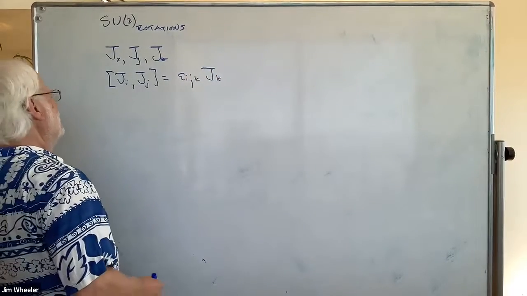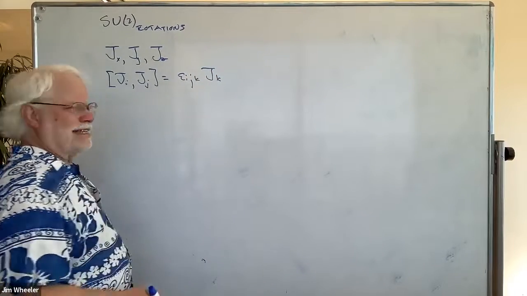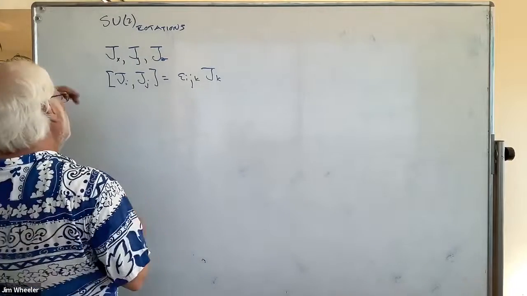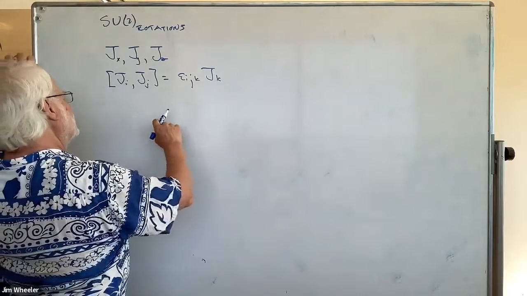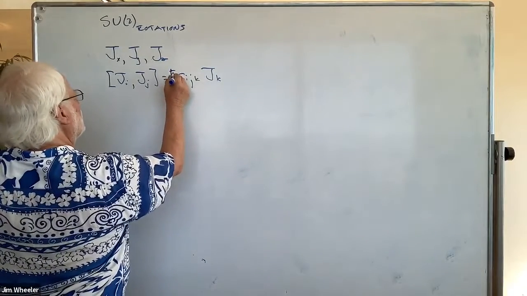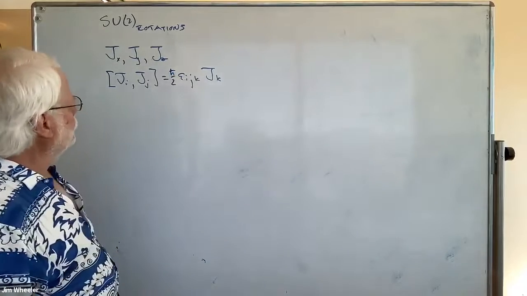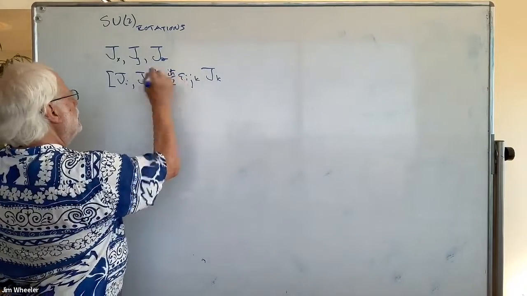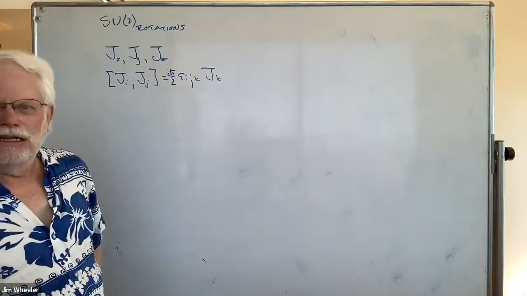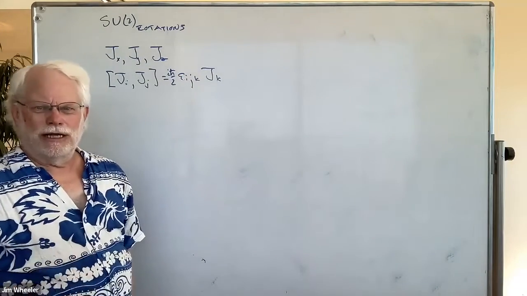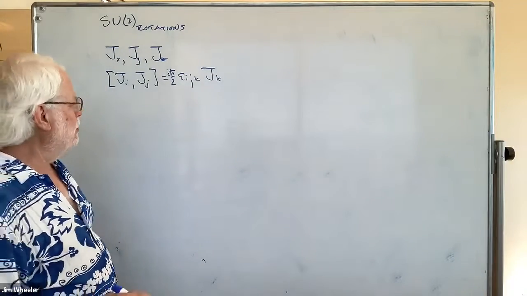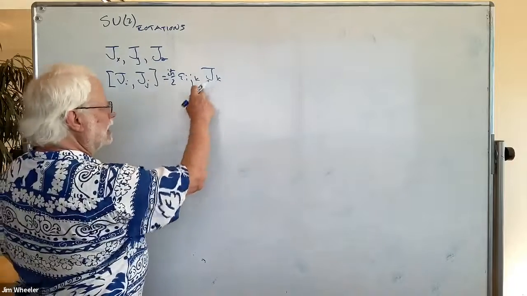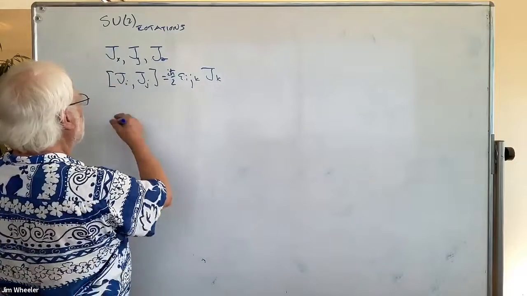Well, there are i's and ħ's here, and it depends how you normalize these. I'm pretty sure there's an ħ over 2 here. And if these are Hermitian, we would need an i. But again, it depends on how you define the generators, but you want these to actually be angular momentum.